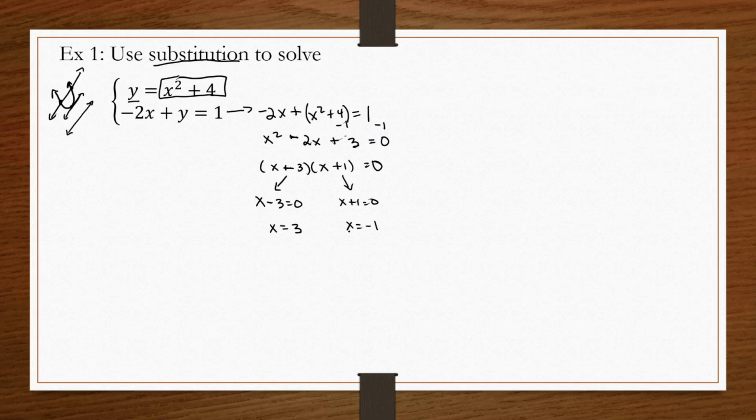Now each of these x values is going to correspond to a y based on the formula x squared plus 4 that we started with up here. So I get y equals 13 when x is 3.